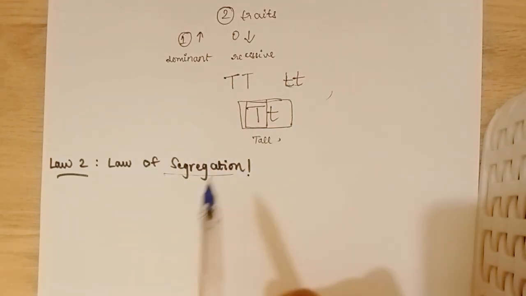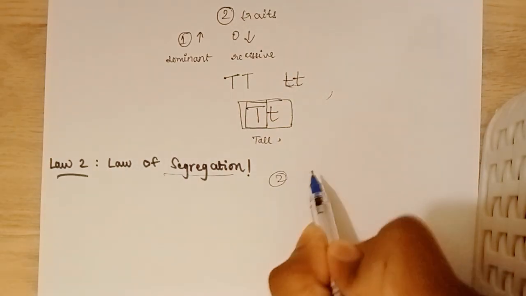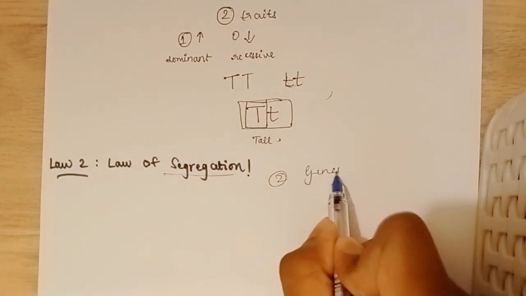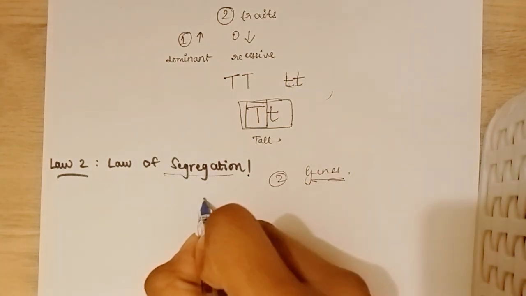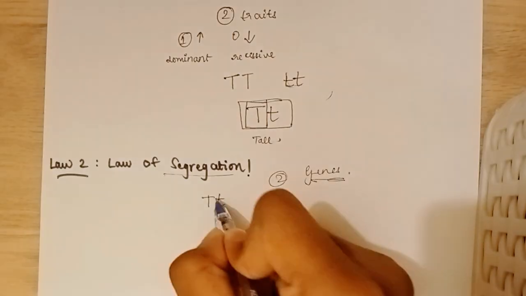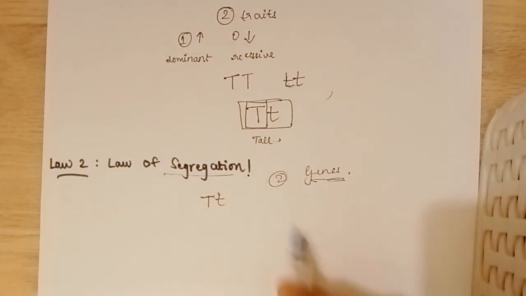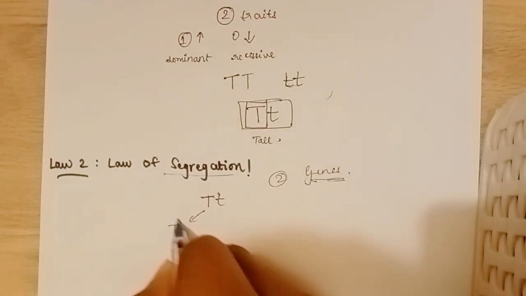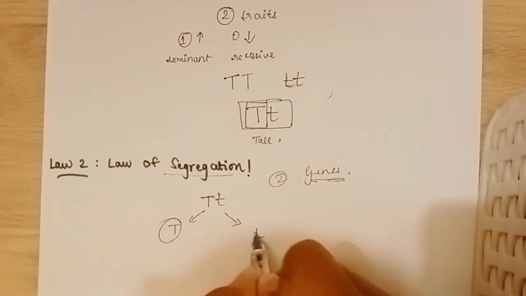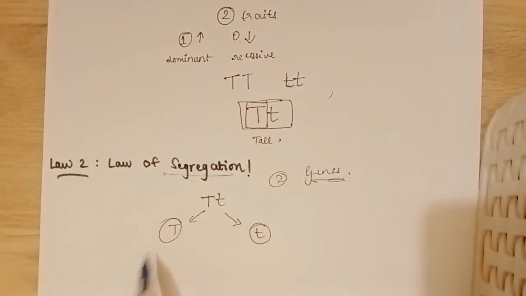Segregation means separation. That means traits are controlled by two factors, genes. Genes separate during gamete formation. Just like before, a plant has TT traits, that is, it is tall. It produces either the T gamete or the small t gamete, and never both.